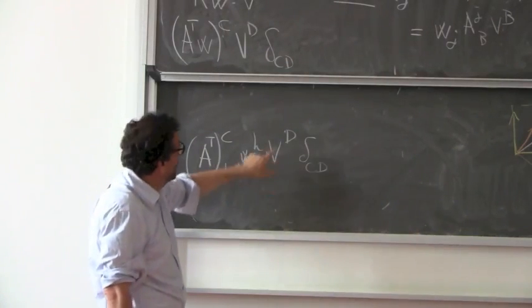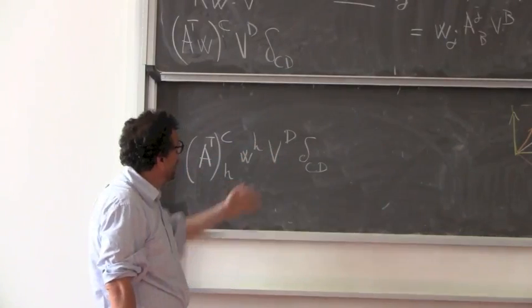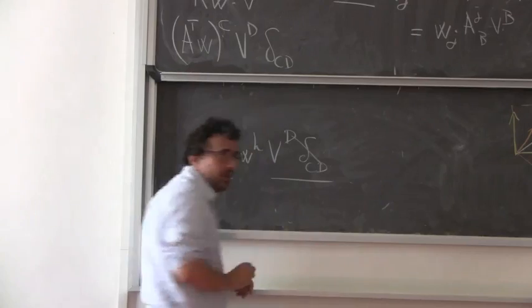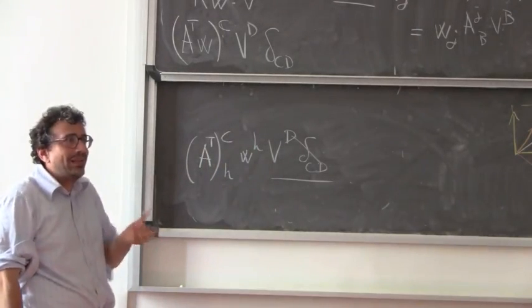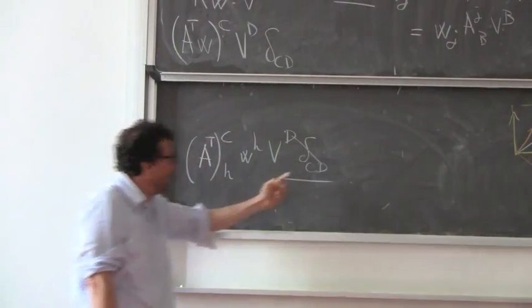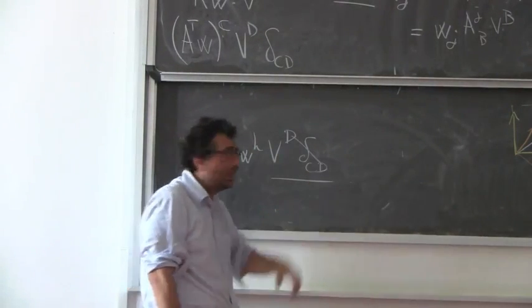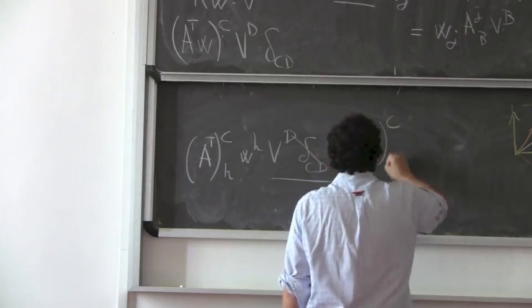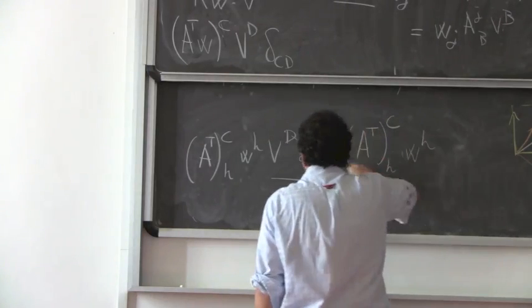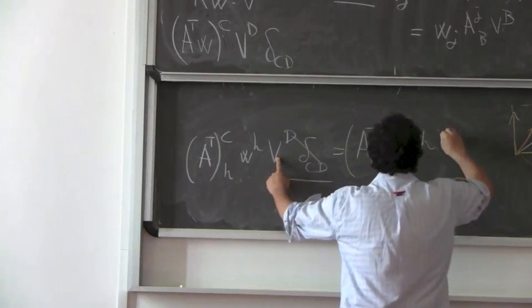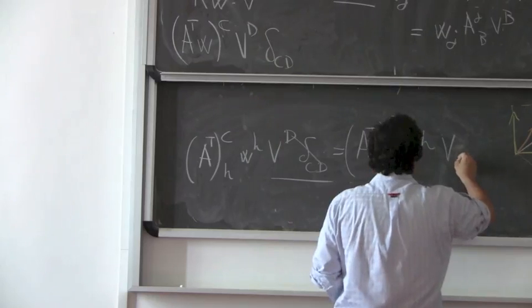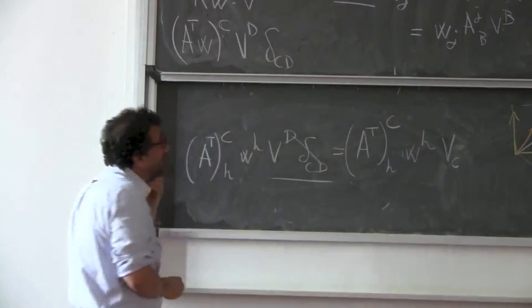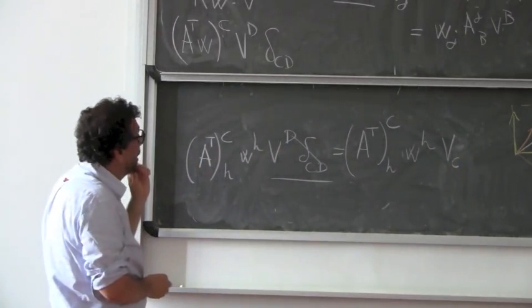But delta_CD, if you have this summation applied, delta is 0 except when C equals D. So we can write A transpose_CH W_H, and then you have V_C.